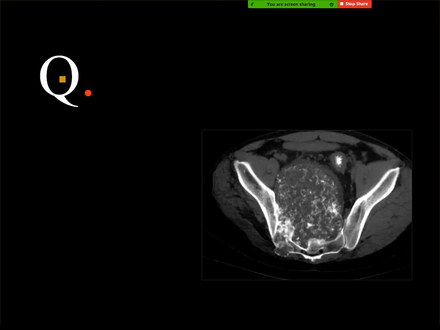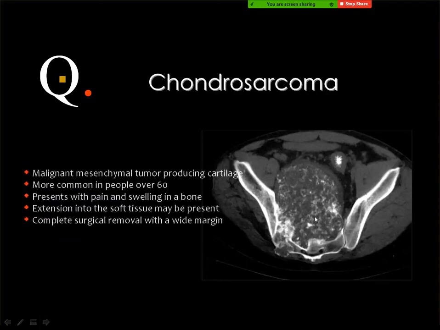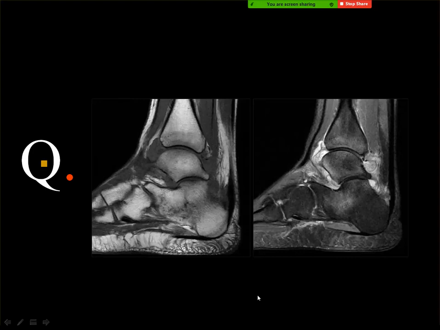But the classic position of the lesion in the midline affecting the sacrum: if you look carefully, you can see that this sacroiliac joint is intact and this sacroiliac joint is affected by the tumor. If we suppose that this lesion is arising from the sacroiliac joint, then chondrosarcoma will be the most likely. But if this lesion is midline destroying the sacrum, then you can suspect chordoma. Okay, and this is MRI of the ankle joint.